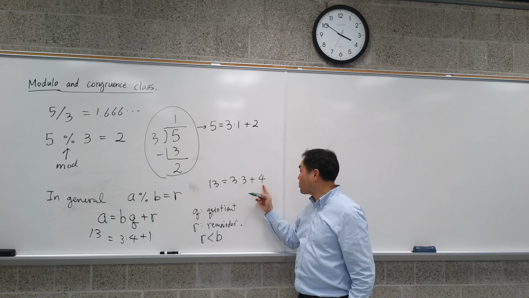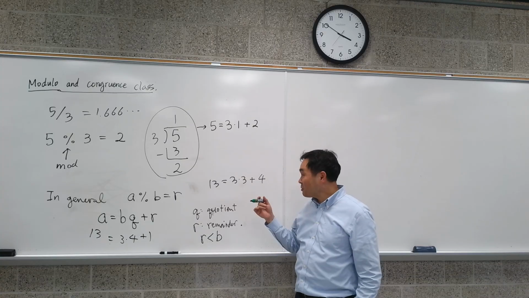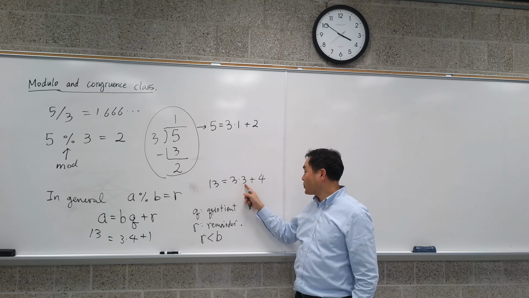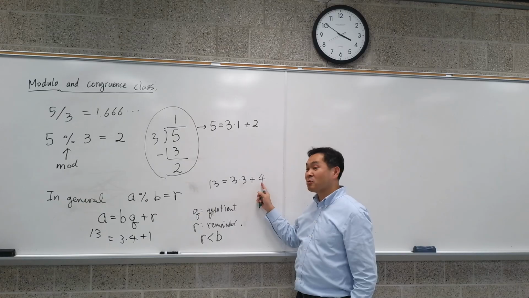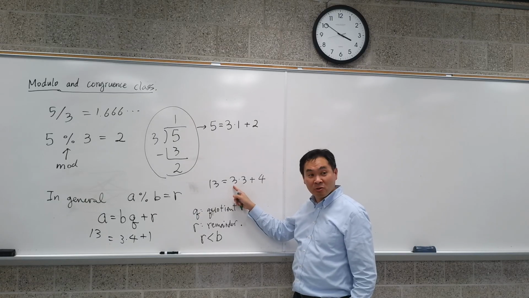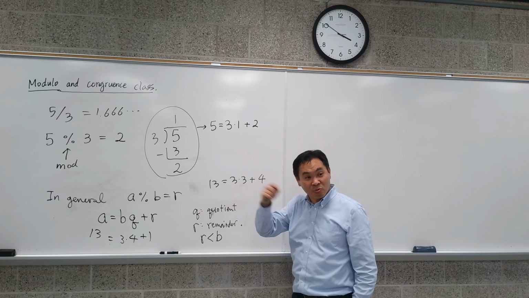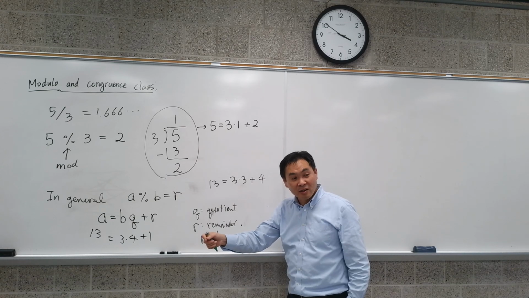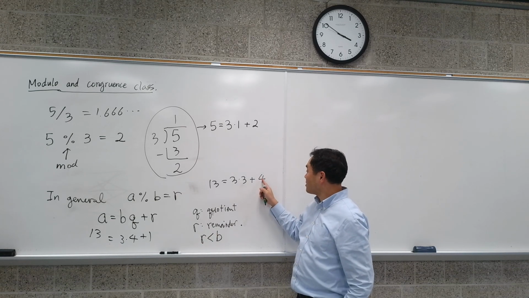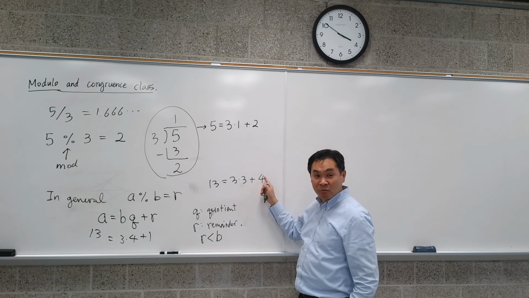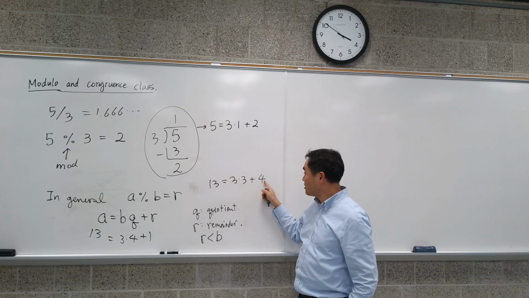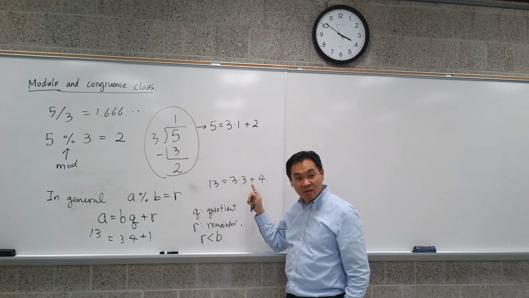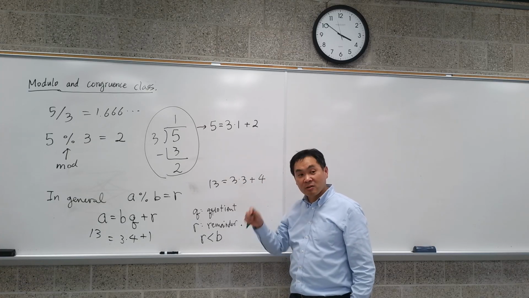But you don't say 4 is the remainder. Why? Because if you still have 4 candies left and 3 people are trying to share, you can still give 1 for each friend, right? And you can take 3 out of the 4 and distribute to 3 friends, and you still have 1 left. Okay, so that's a condition.